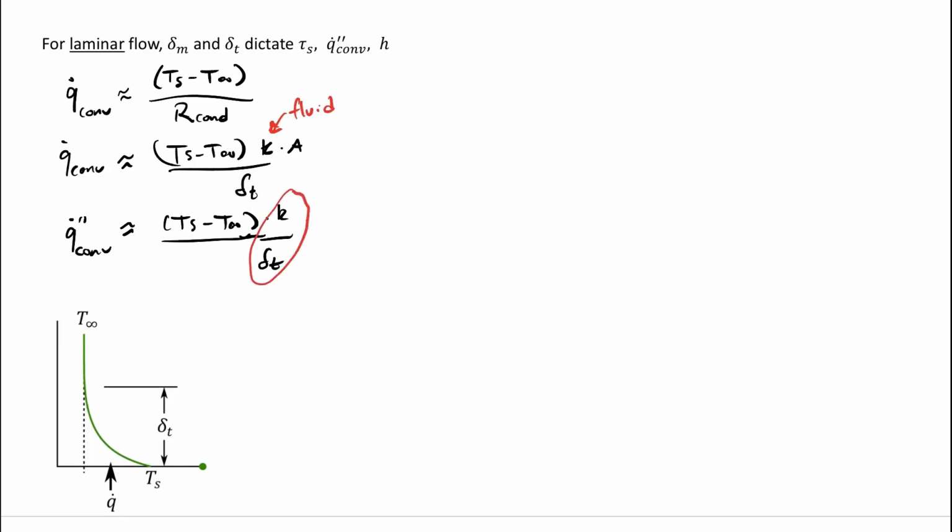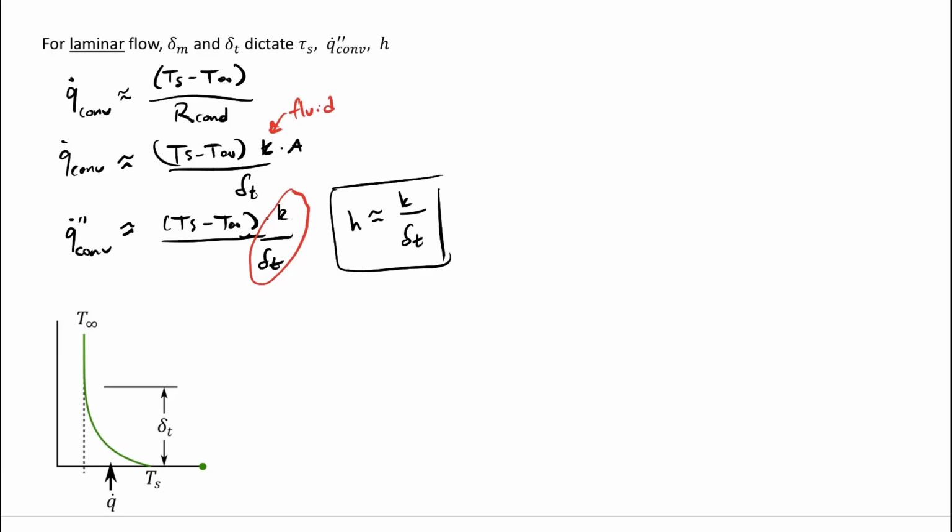What's the rate equation we normally write for Q dot double prime convection? It's just H times the temperature difference. So what is that thing then? That's our approximate H. This is our approximate version of H. It's just K divided by delta T.